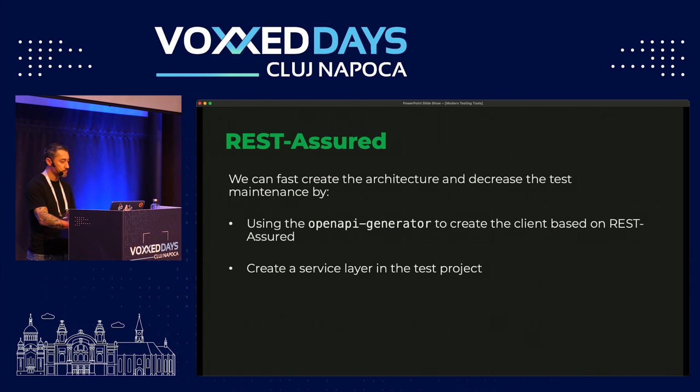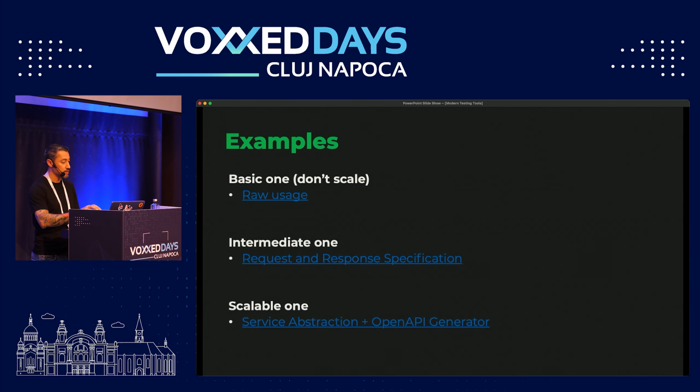How do we scale? We can create the whole architecture for RestAssured for free using the OpenAPI generator. Probably you guys are using it to generate clients for Spring or clients for mobile or wherever you want. But the OpenAPI generator also has a generator for RestAssured, which is super nice.